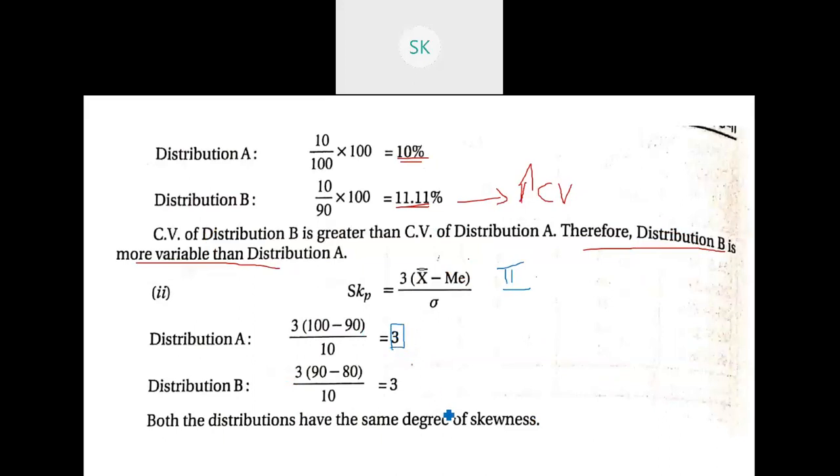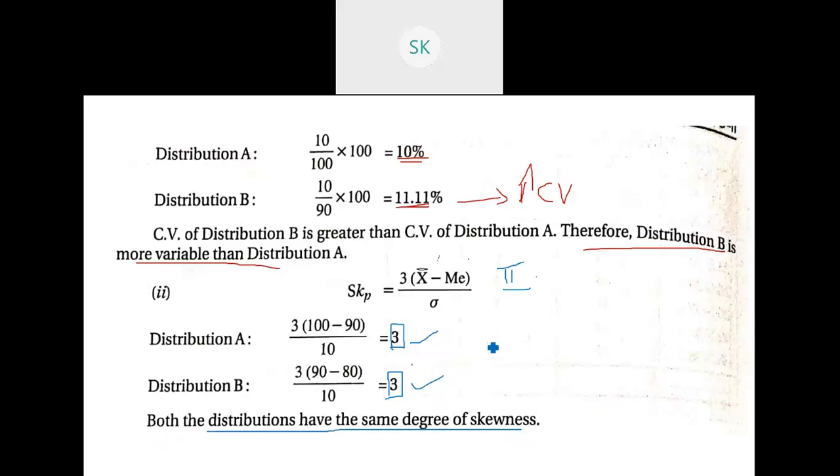For distribution B, the same formula: 3 into (90 minus 80) divided by 10. That is 10 divided by 10, and again the final answer will be 3 only. So skewness is the same for distribution A as well as distribution B. Both distributions have the same degree of skewness.